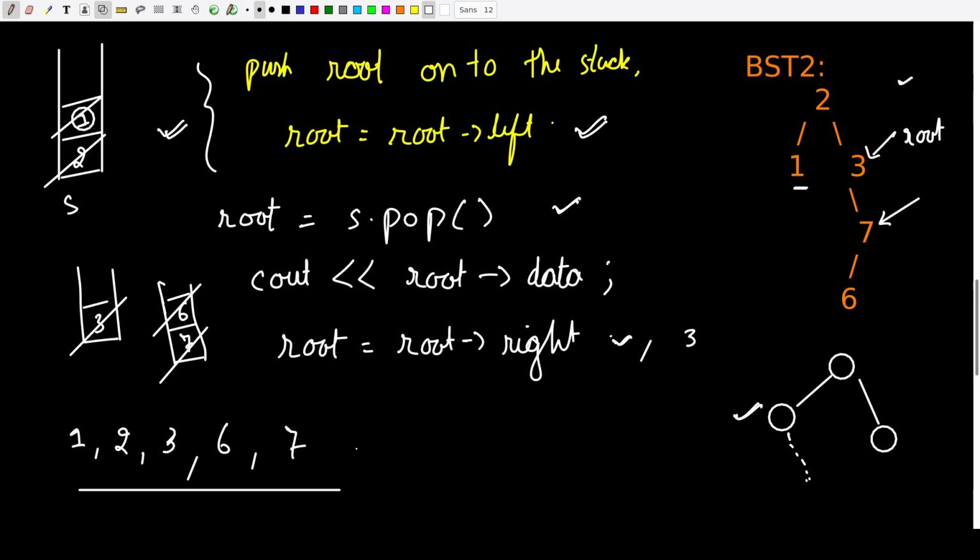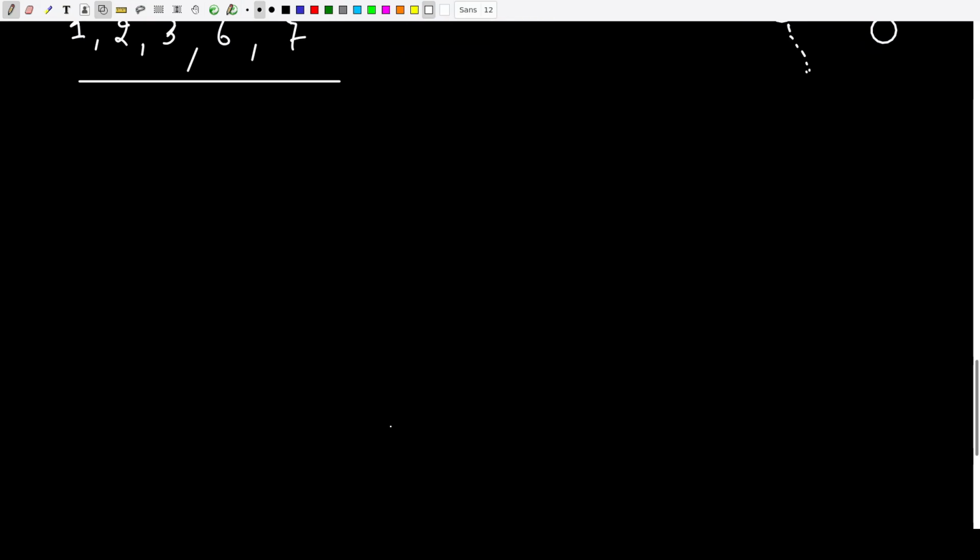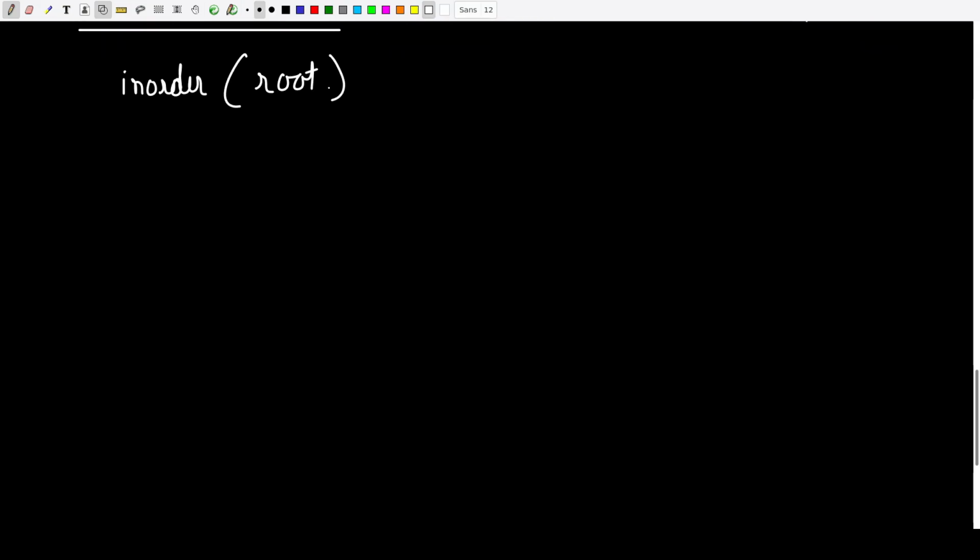So let me write down the pseudocode for this, and then we are going to discuss how we can perform in order traversal of two trees simultaneously, and how we are going to merge the in order traversal of two binary trees. So let us say root is given to us and we want to perform the in order traversal. So what we are going to do is take a stack and operate on the tree while root is not empty or stack is not empty.